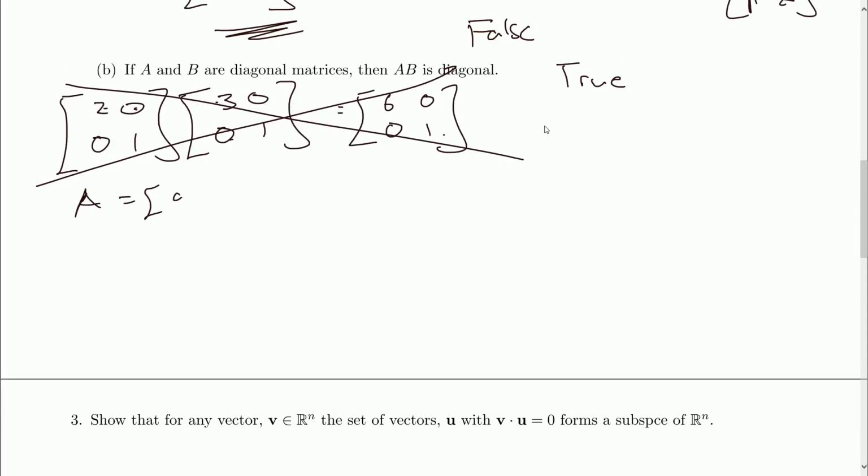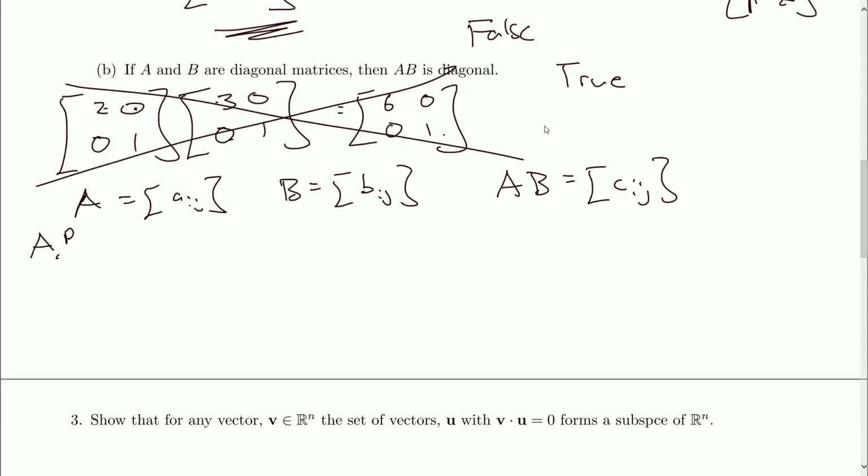Well, let's say A is AIJ, and B we'll write as BIJ, and we'll write AB as CIJ, and A and B diagonal.